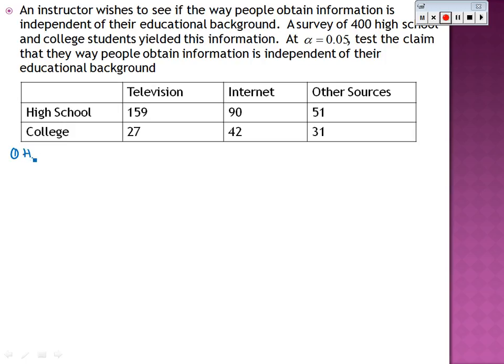Your null hypothesis is always the one dealing with the variables being independent, or if you want to see if they're not related to each other, that's going to be your null hypothesis. In this case, we're looking for independence. So our null hypothesis would say the way people obtain information is independent of their educational background.